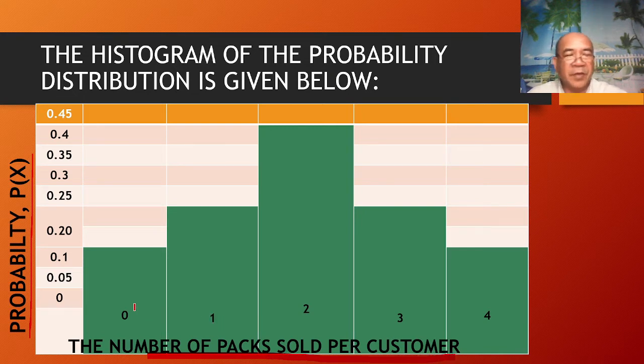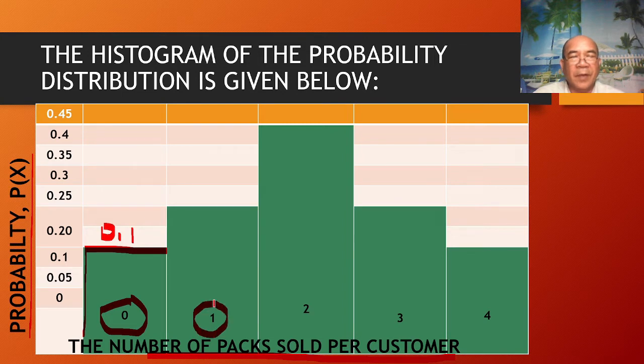So we have here the numbers that we have in the table. For 0, it is equivalent to 0.1. So you're going to create this bar at 0.1.